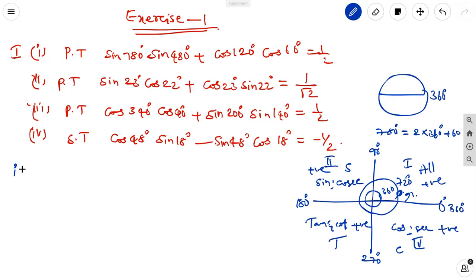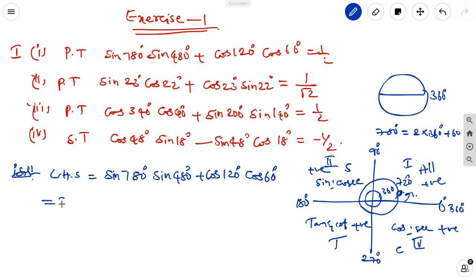So the first solution is LHS equal to sine of 780 degrees, sine of 480 degrees plus cos of 120 degrees, cos 60 degrees.